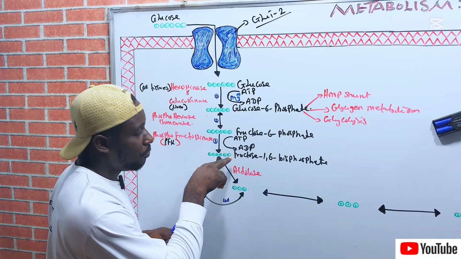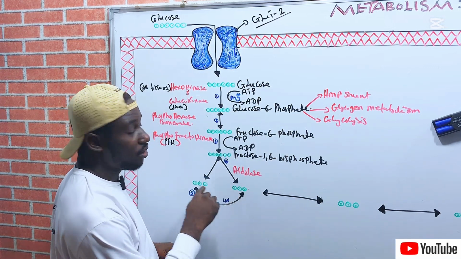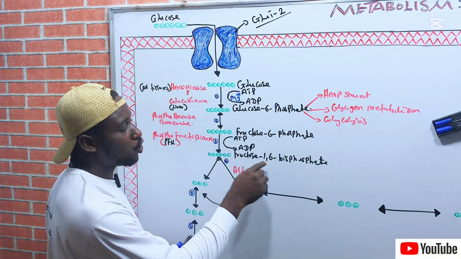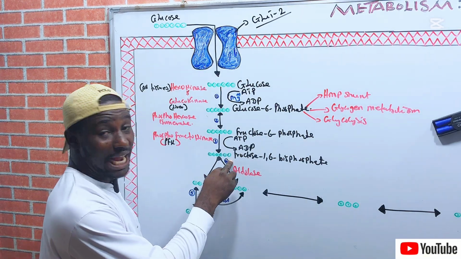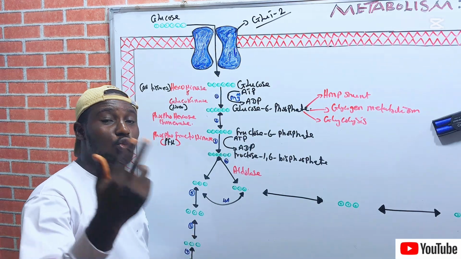We cleave this molecule to form 3 carbon molecules because fructose 1,6-bisphosphate is a 6-carbon molecule, right? Once it is being cleaved, it will form 3 carbon molecules.